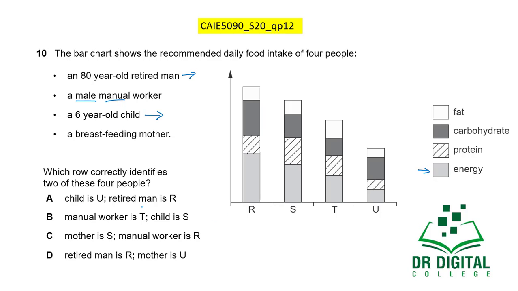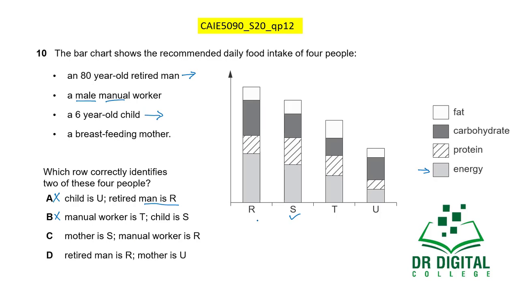So just find it: child is U, retired man is R. The retired man cannot be R because that person will be a passive person. So option A is wrong. Manual worker is T. T is using less energy, so the manual worker cannot be T, so option B is wrong. Mother is S. Yes, mother can be S.